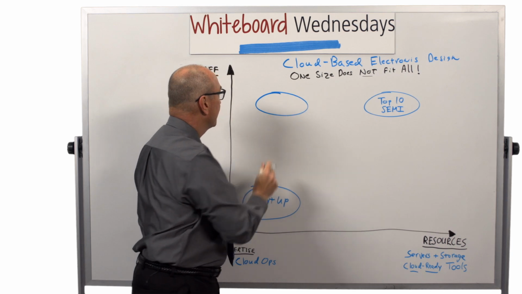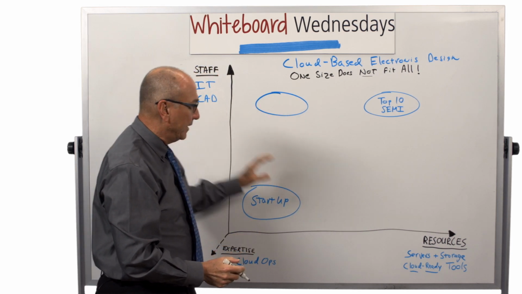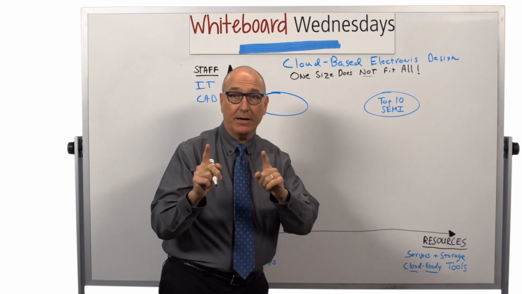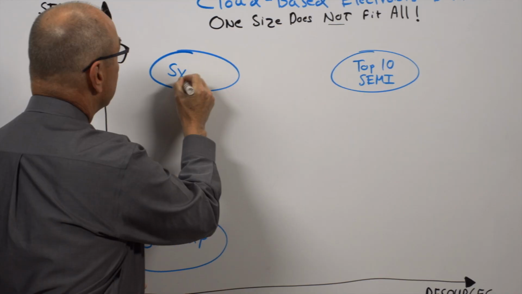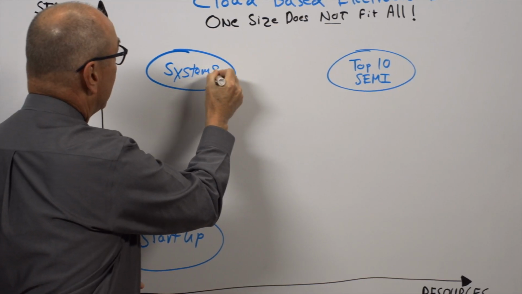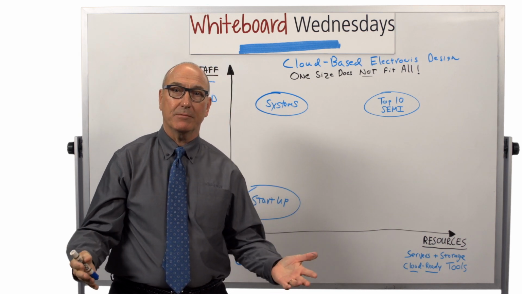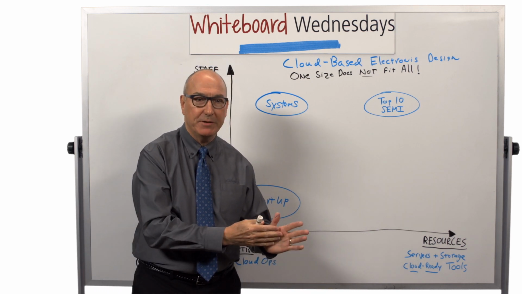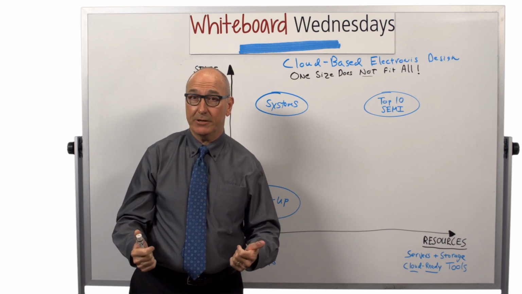One might be a company that has lots of specialized staff, but they don't have the resources for electronics design. So I think a good example here are systems companies. Companies whose main job is to build a physical system, like, say, a car, automotive companies. They've been in business for decades. They have lots of staff. They understand mechanical engineering super well.